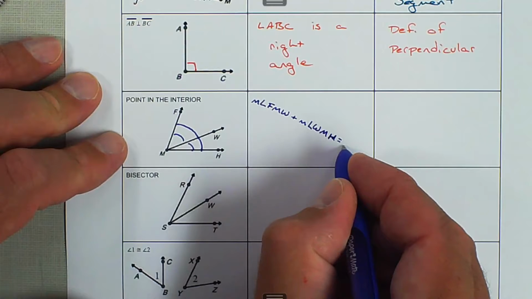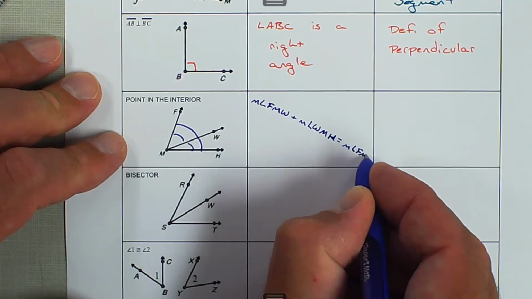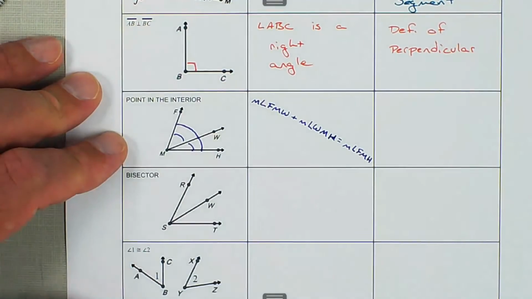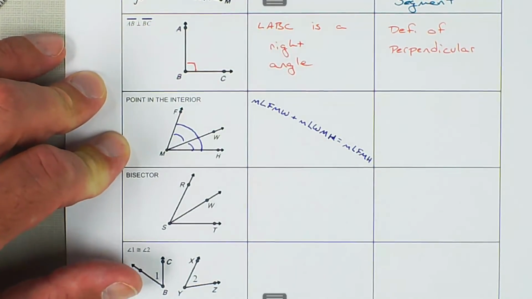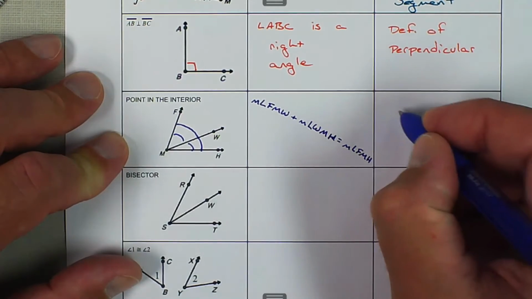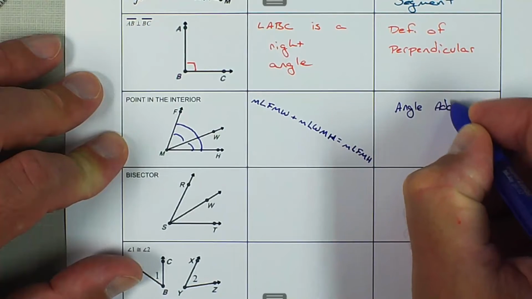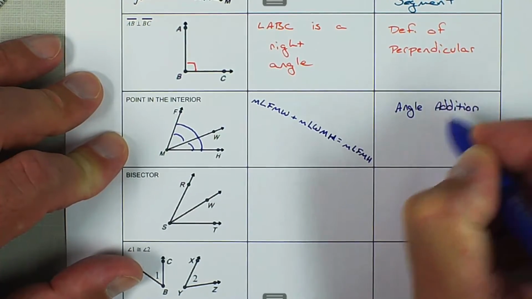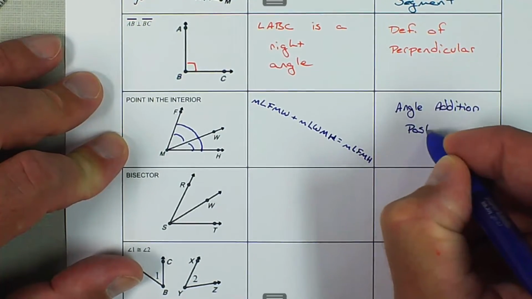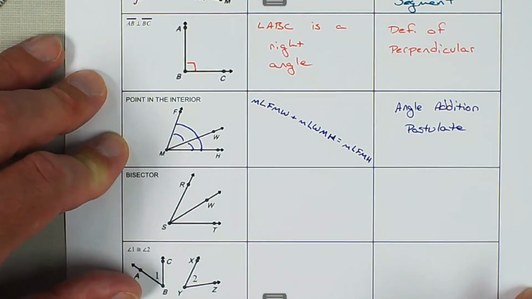That gives us the measure of angle FMH. I wrote it on an angle because it's kind of a lot there. And the reason that we can say that is angle addition postulate, which is very similar to segment addition postulate.